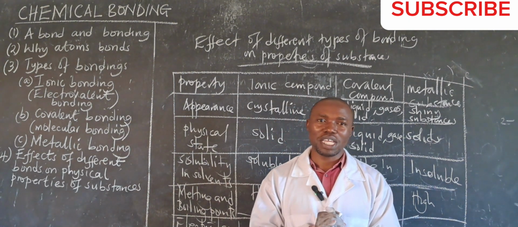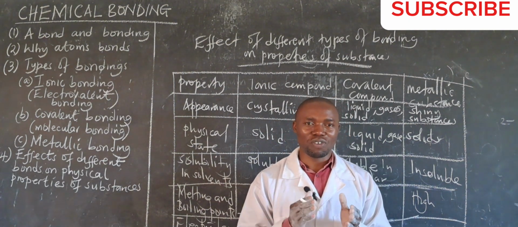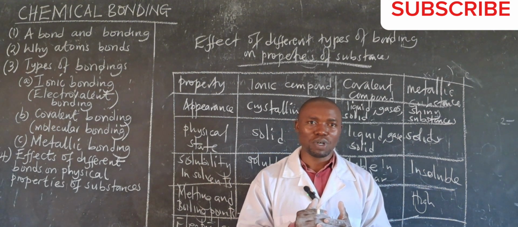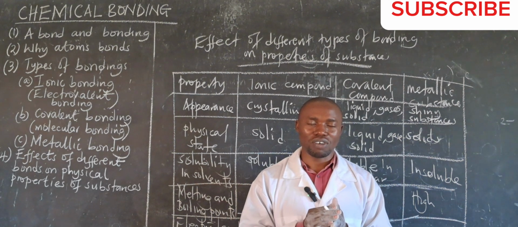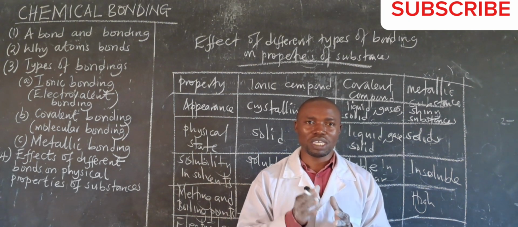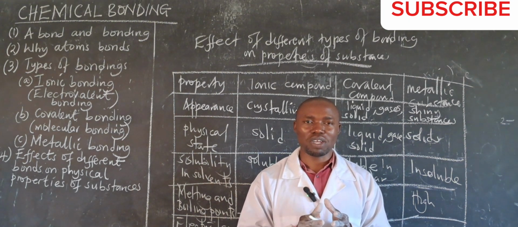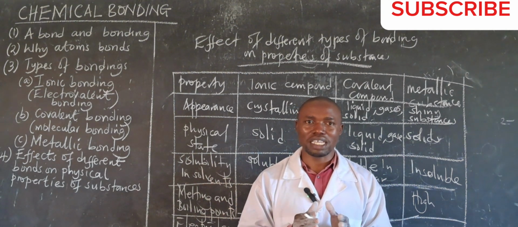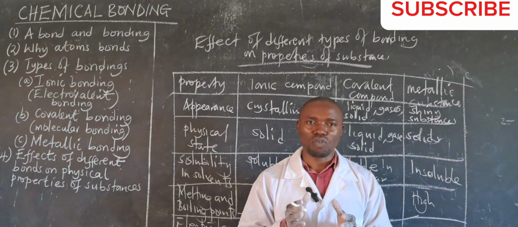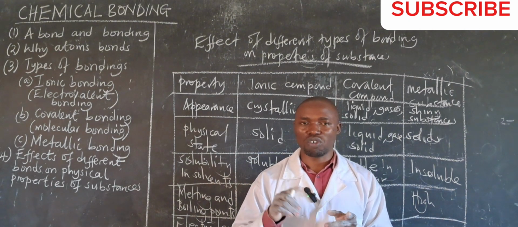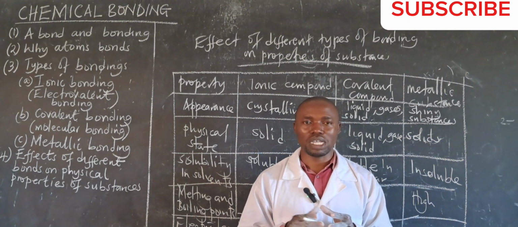Now I've come a long way. I discussed what a bond is, a force of attraction. I discussed why atoms bond, so as to gain a stable electron configuration similar to that of noble gases. I discussed three types of bonding. Ionic bonding, between a non-metal and a metal to form ionic compounds through electrostatic forces between positive ions and negative ions. Covalent bonding, between nonmetal atoms, resulting in formation of molecules through sharing of electrons between atoms.